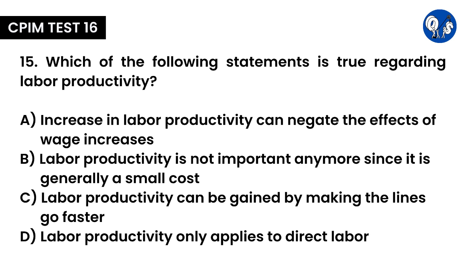Here the correct answer is A. Increase in labor productivity can negate the effects of wage increases. If wages rise 5% and output rises 3%, then the net effect of the wage increase is only 2%, as you will get 3% more output for the 5% more labor dollars expended.